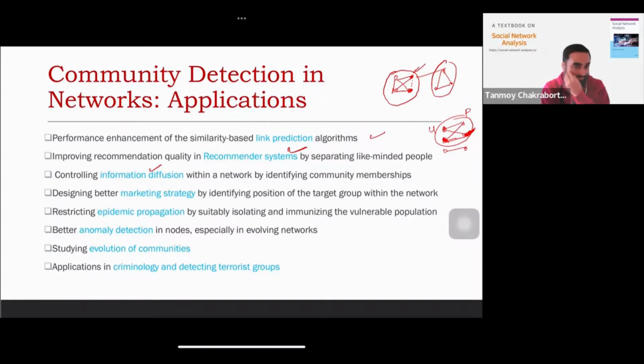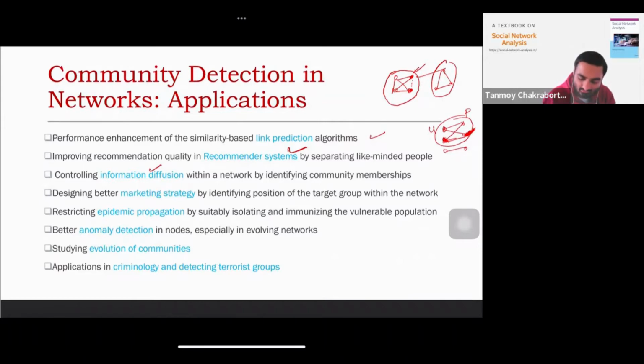If you know that this information needs to be spread within a certain group, and you know the group from the community structure, then you can appropriately spread information within the community. Let's say you also want to control the information diffusion. Now, how do we do that? You want that your information will not move from one community to another community.